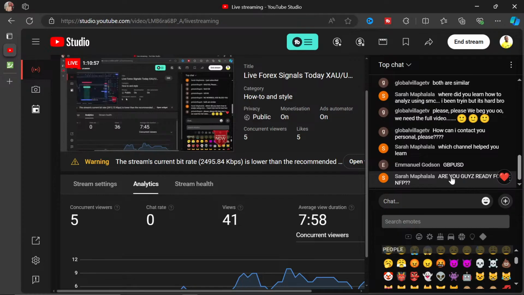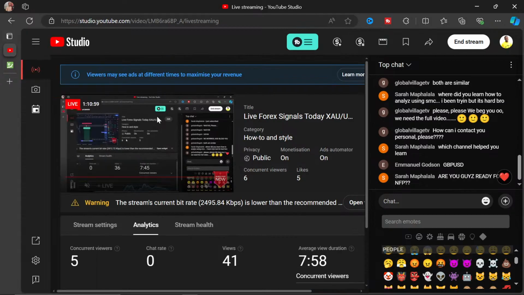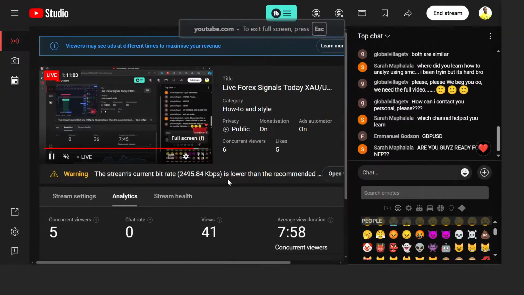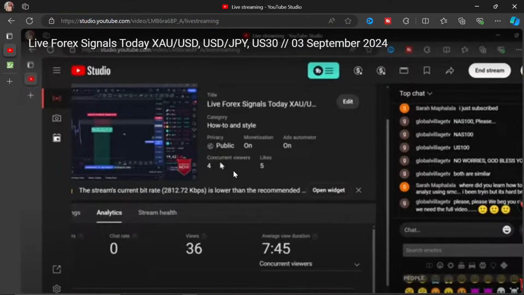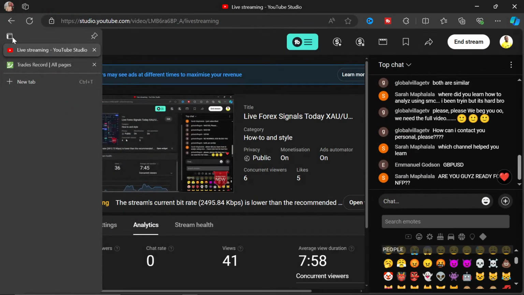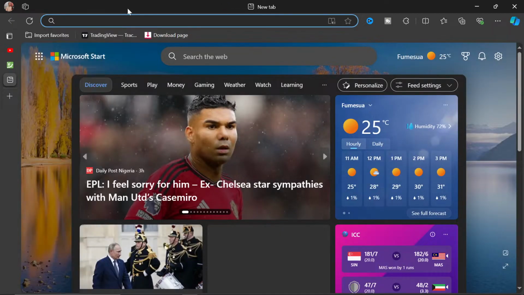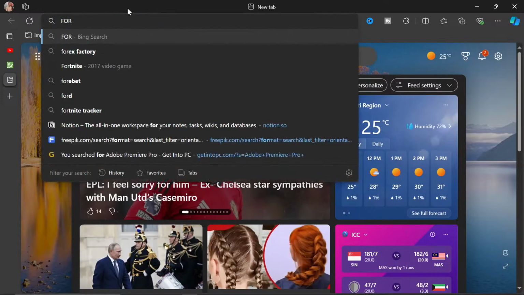NFP, I don't pay much attention to news trading actually. So if you are a news trader, I'm not really into news trading, even though I trade it once in a while. Let me just check Forex Factory.